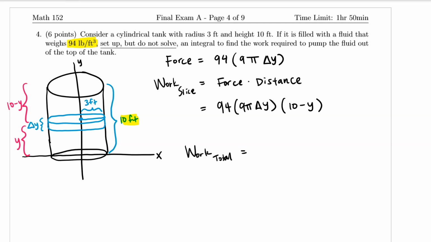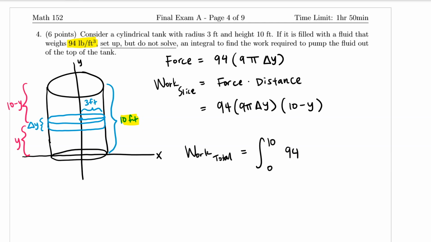is we're going to need a definite integral. So my limits of integration are going to be, where does my bottommost slice of fluid start? In this case, it would be 0. And my last slice of fluid will end at y equals 10.